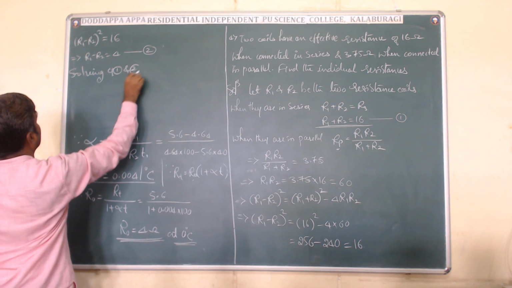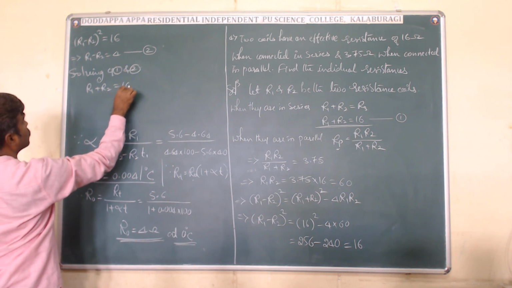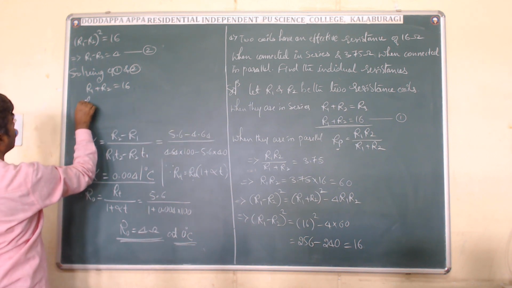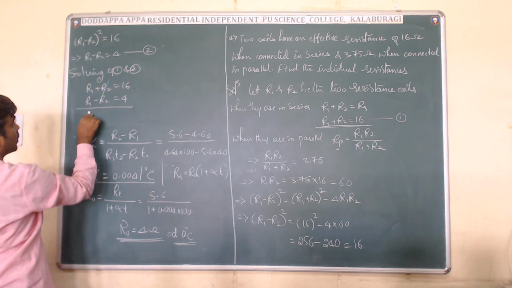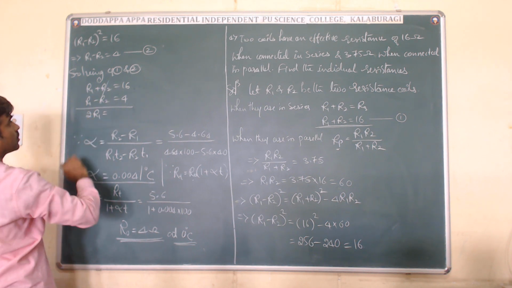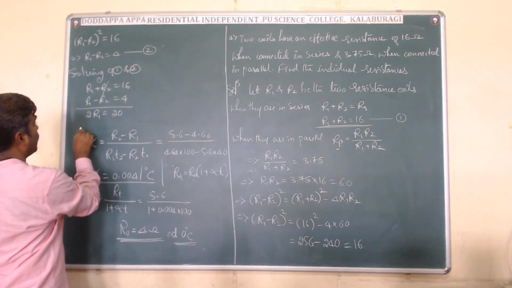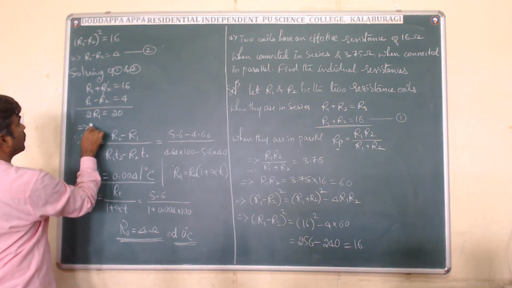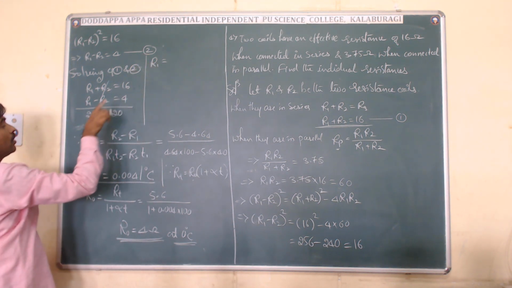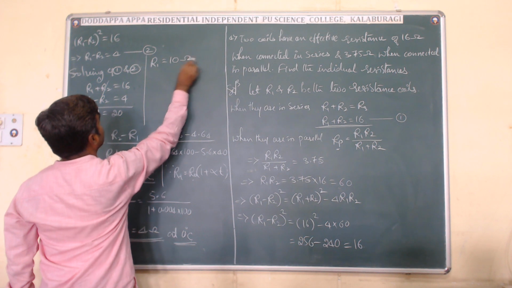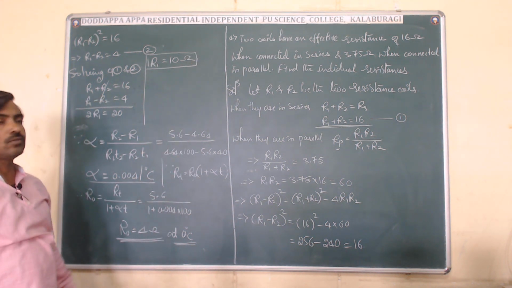Solving equations 1 and 2, R1 plus R2 is equal to 16 and R1 minus R2 is equal to 4. The R2 terms cancel, hence 2R1 is equal to 20. Dividing, R1 is equal to 10 ohms.